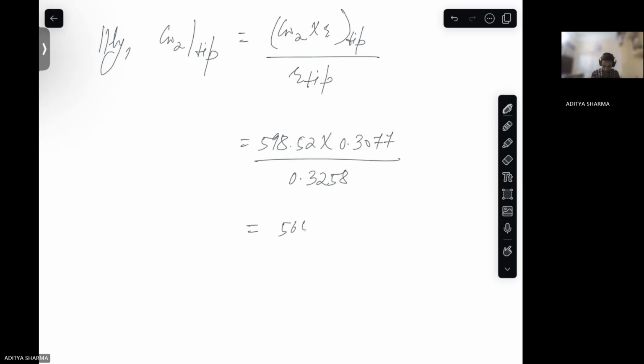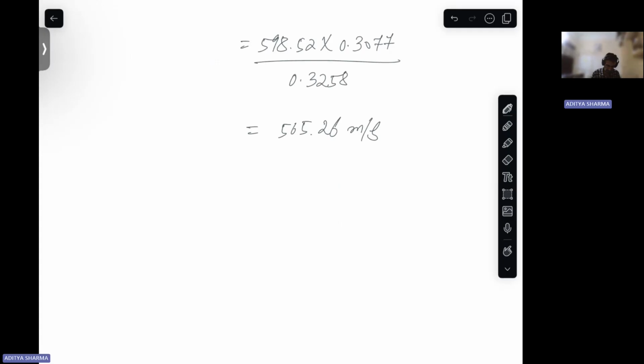So this will come out to be this. And then implies alpha 2 tip is equal to tan inverse of CW2 by CA2 tip.